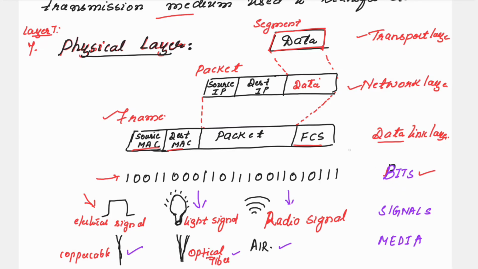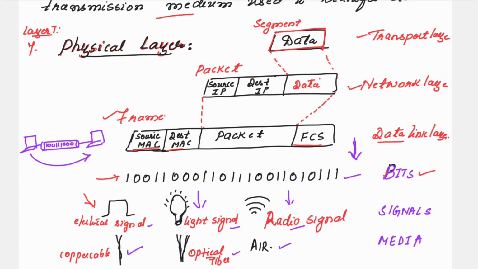Look here, the frame from the data link layer is getting converted into bits here, zeros and ones. And these bits get moved from the source to the destination, if this is the source and this is the destination. These bits will definitely get converted into either electrical signals, light signals or radio signals, depending on how these two devices are connected.